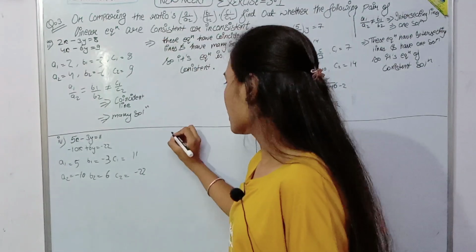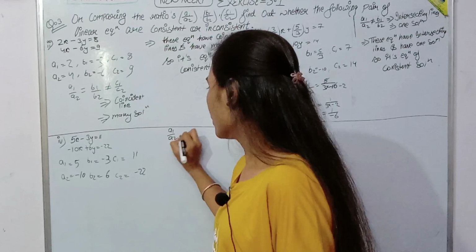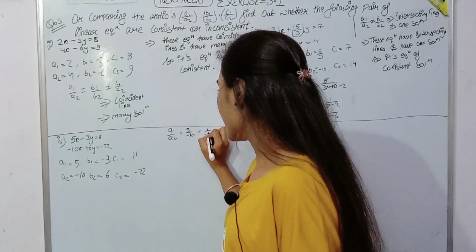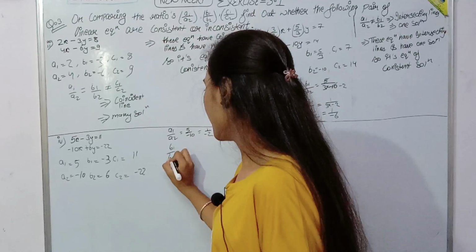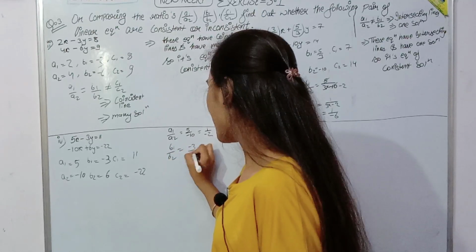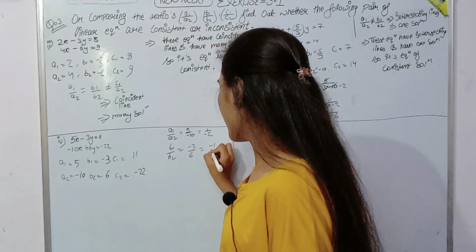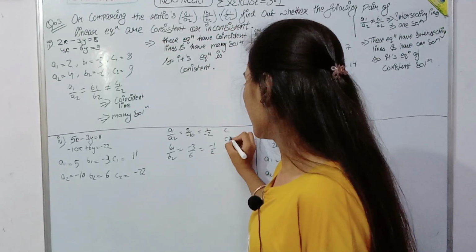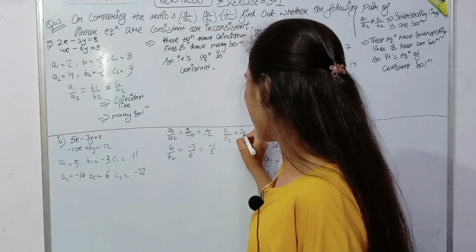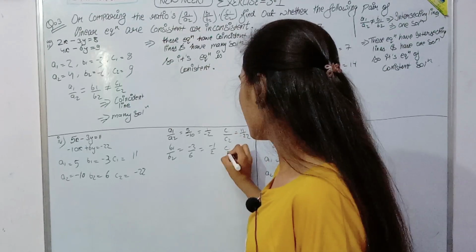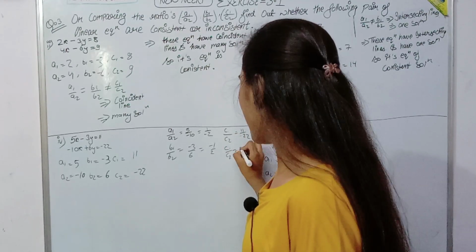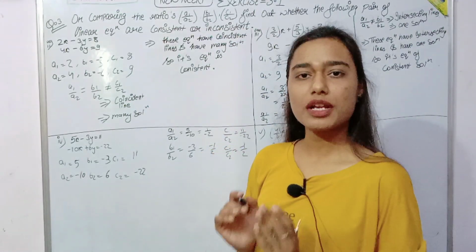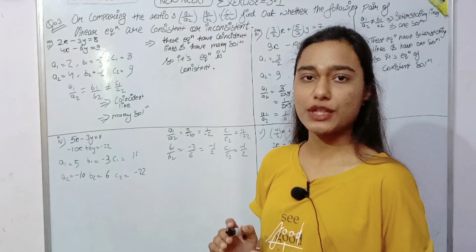So in this, a1 upon a2 equals 5 by minus 10, that is 1 by minus 2. b1 upon b2 equals minus 3 by 6, that is minus 1 by 2. Here c1 upon c2 equals 11 by minus 22, that is minus 1 by 2.